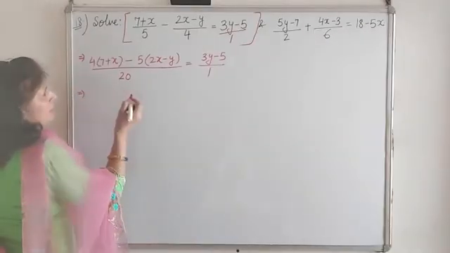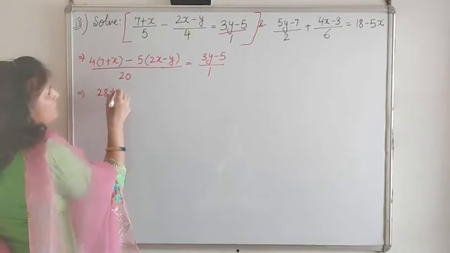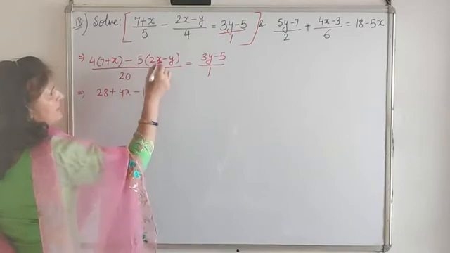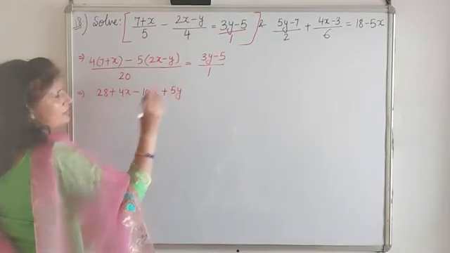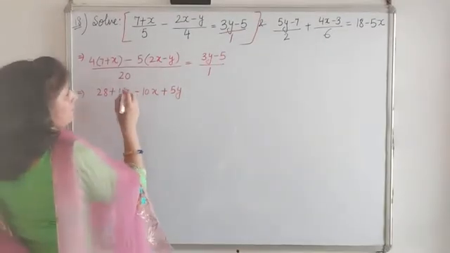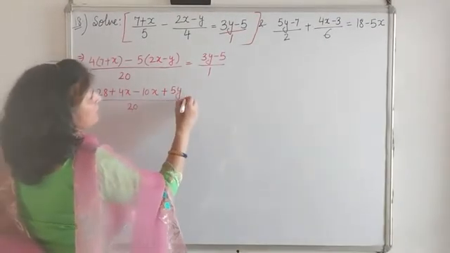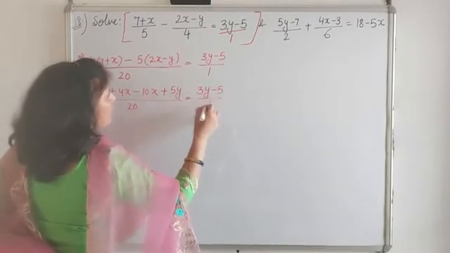Now 4 7s are 28, 4 1s are 4x, minus 5 2s are 10x, minus minus plus 5 1s are 5y, over 20 is equal to 3y minus 5 over 1.